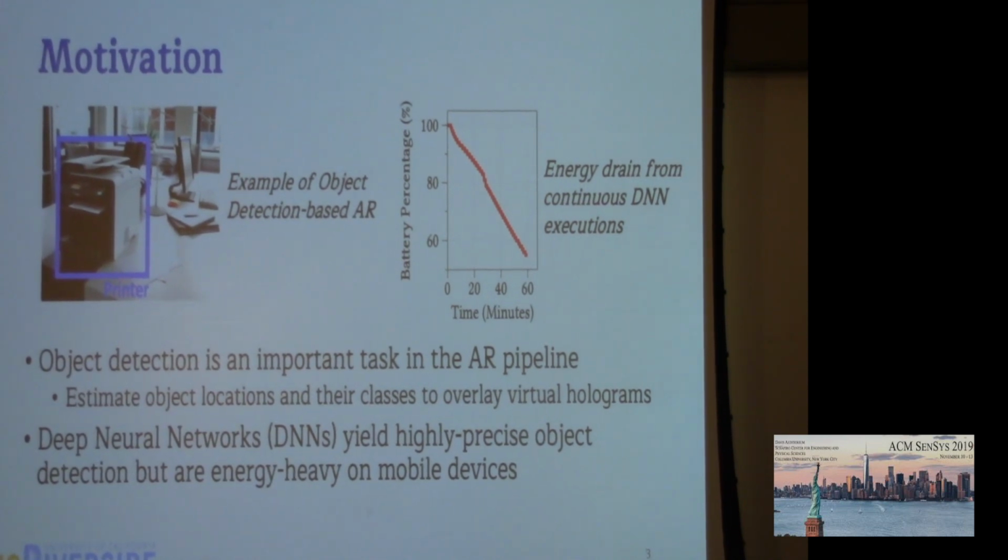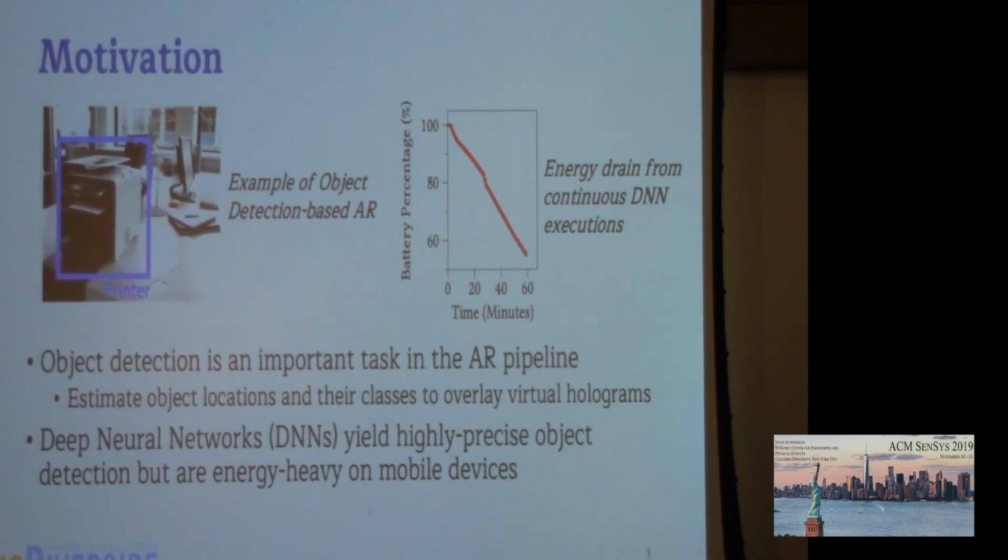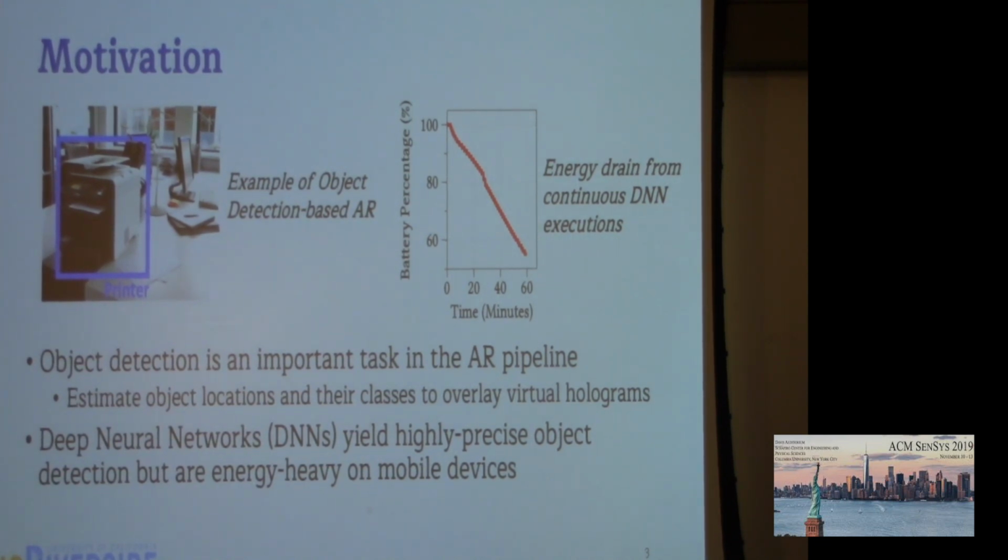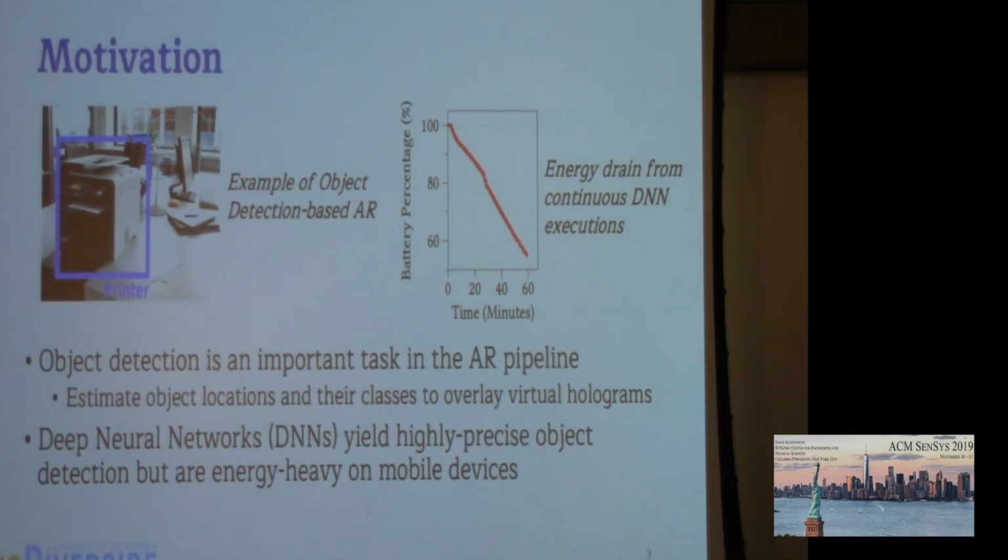We can see in the left-hand side example that object detection can detect this printer, where it is in the frame, and also the class label of the printer, so that AR can render related information on top of that.